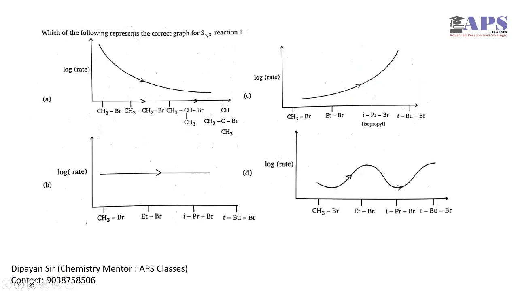Next question, SN2 reaction rate. We know that less steric hindrance means more SN2 rate. The least steric position is this, and the more steric position is this.